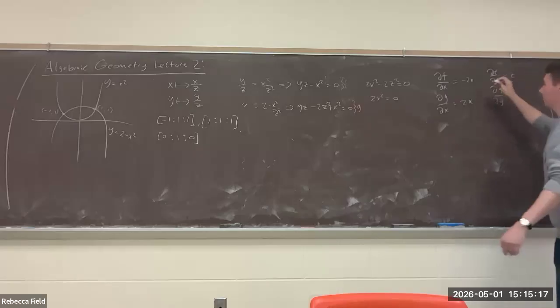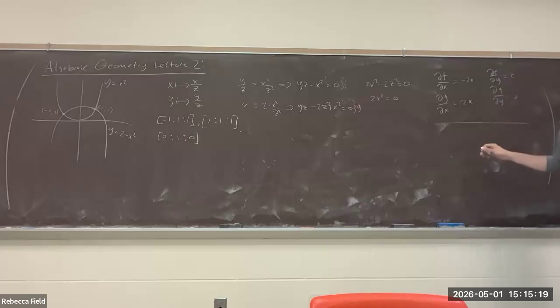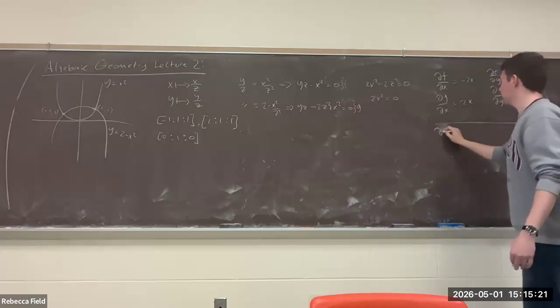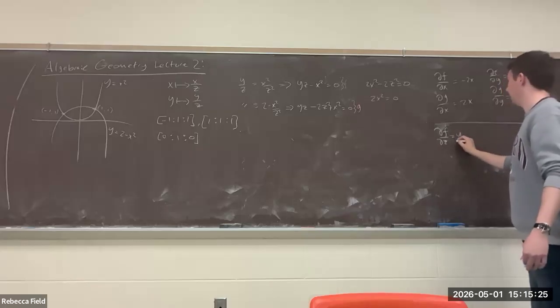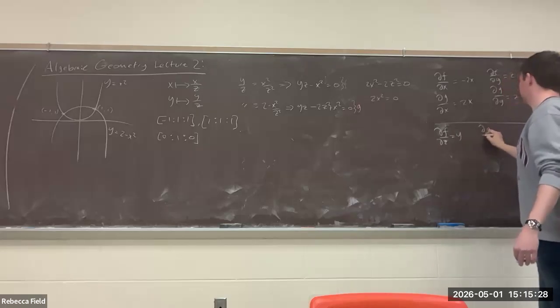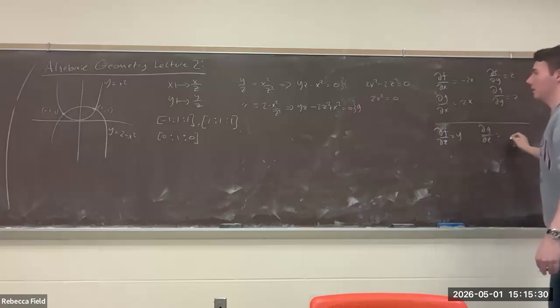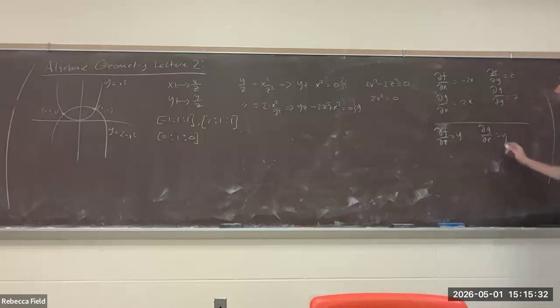And then I'm going to do this down here so that we don't lose it on the video. The partial of f with respect to z is y, and the partial of g with respect to z is also y.